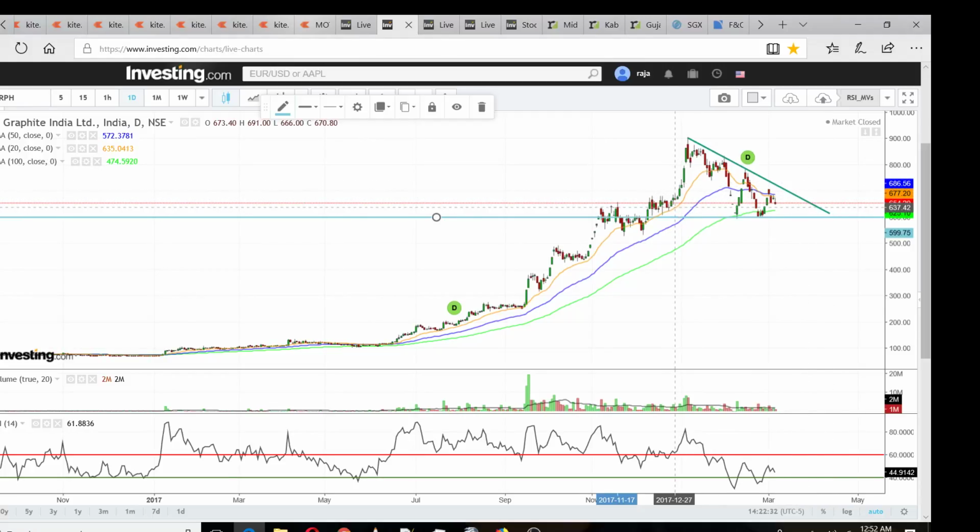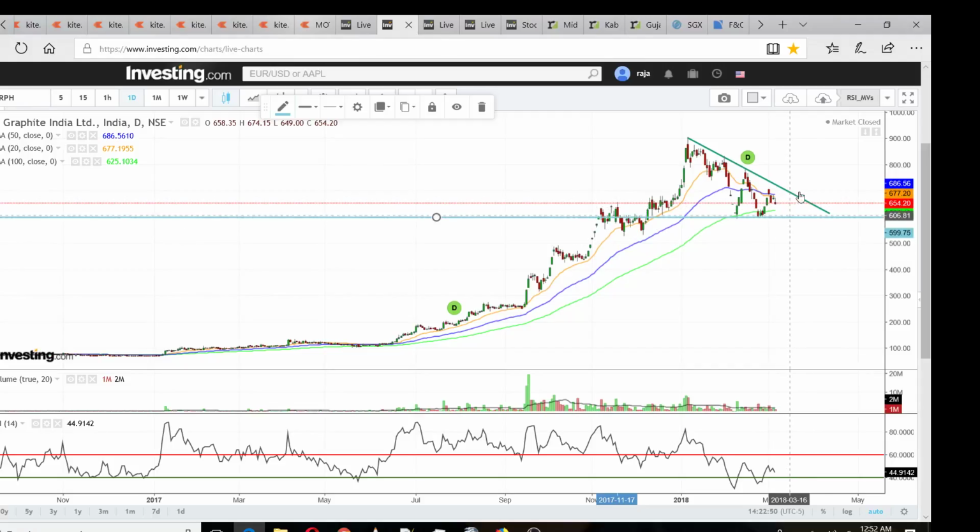We see that price is making lower highs, lower highs, lower highs. It is taking support here, and possibly we might see a follow-through steep down move from here. Time and coming days will tell what happens.